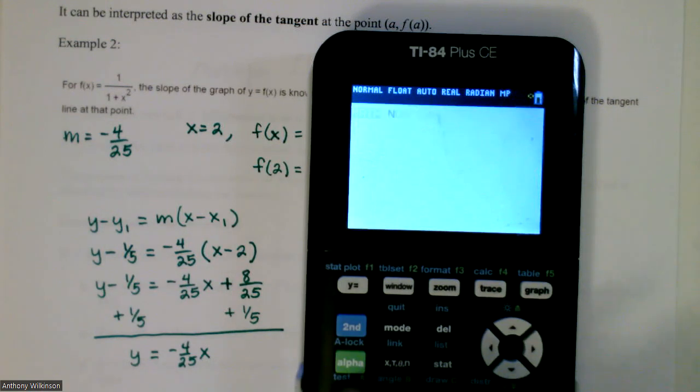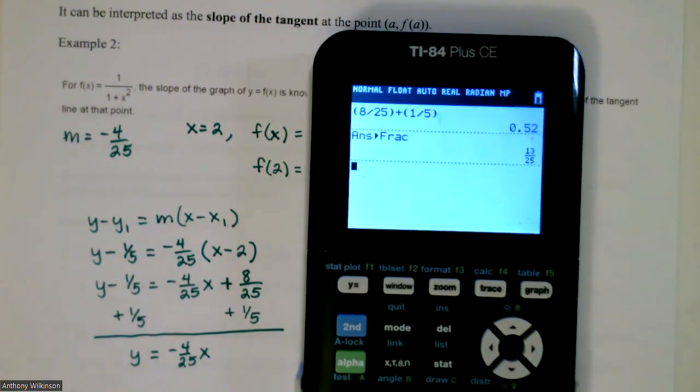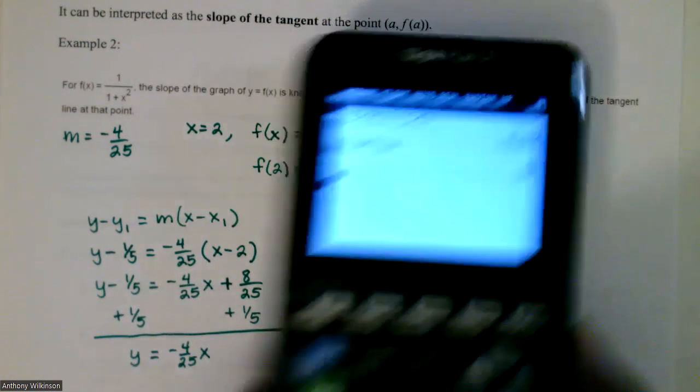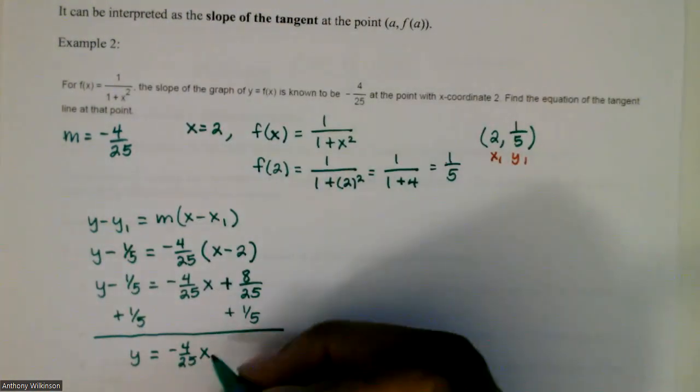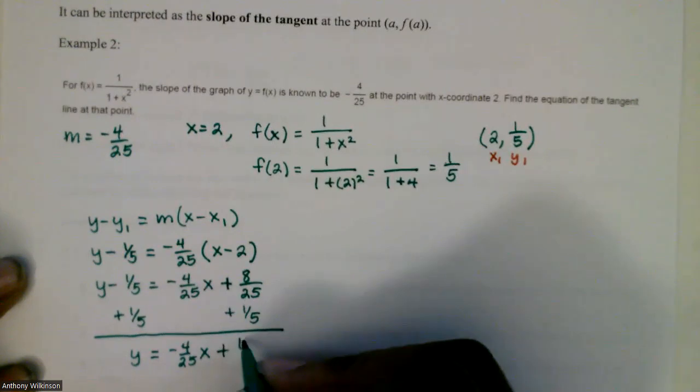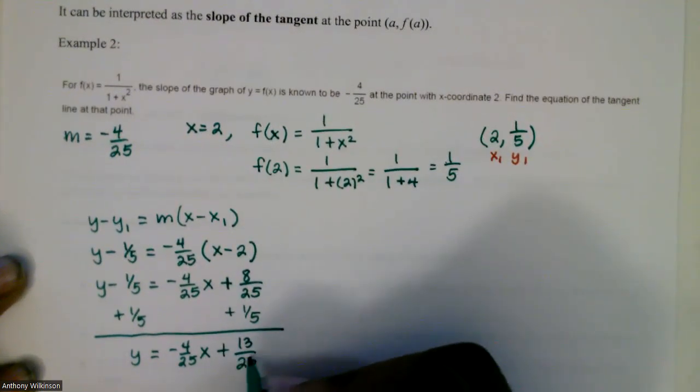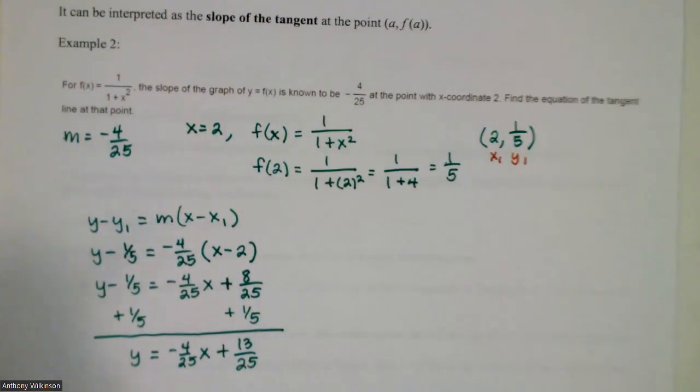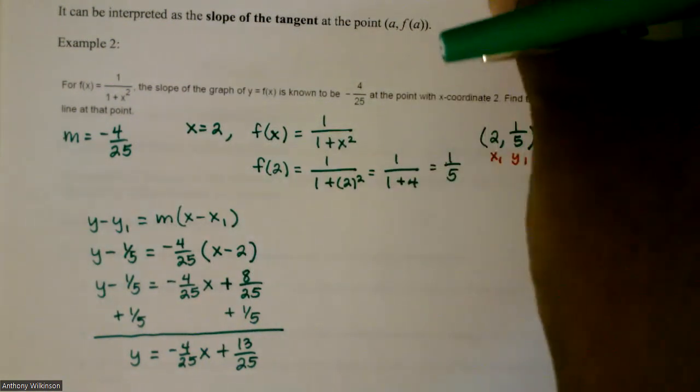And then hit the math key and then number 1 for fraction. It'll be 13/25. So y equals negative 4/25 x plus 13/25 is the equation of the tangent line at the point (2, 1/5).